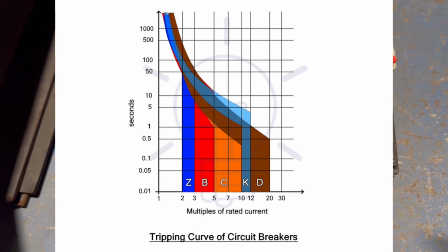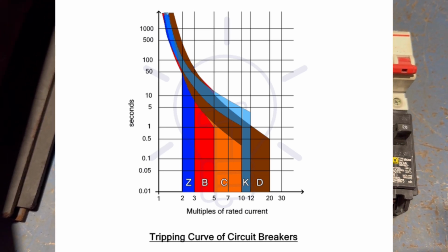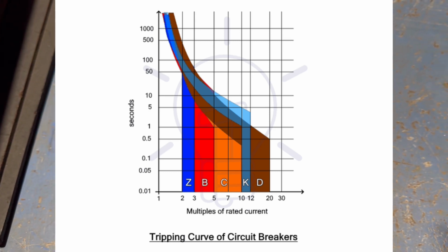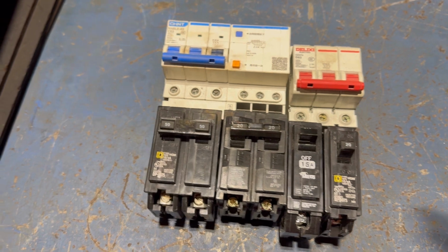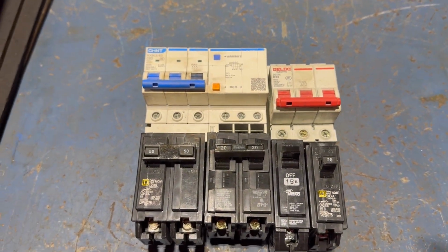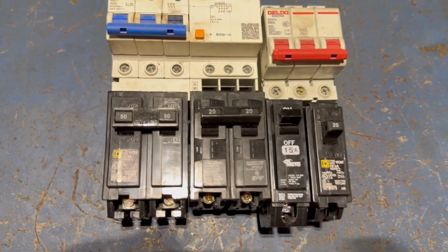And then you have the Z-type, which trips between 2 to 3 times. You mostly use this for loads that are semiconductor devices. So yeah, that should sum it up. That pretty much tells you what you need to know as it relates to the current rating.